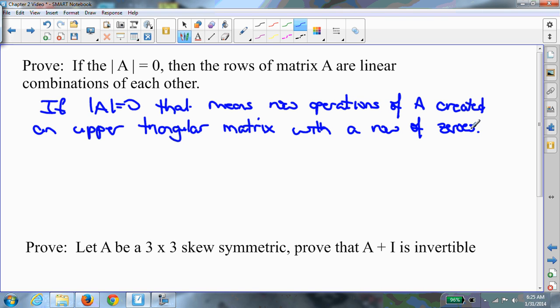Because if I do row operations on this and I have a row of zeros somewhere, then I know that the determinant has to equal 0 because the determinant is the product of the diagonal elements.